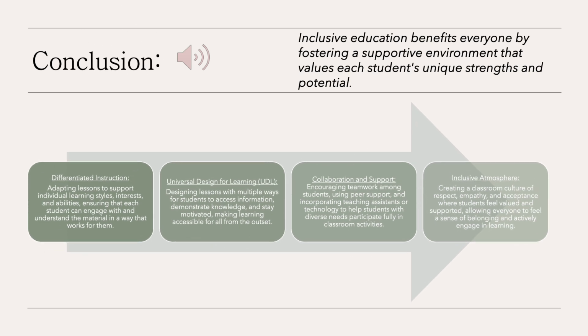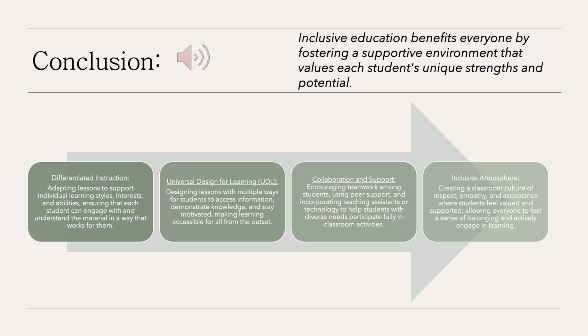To conclude, inclusive education is about more than accommodating individual needs. It's about creating a learning environment that supports and values every student. We discussed the importance of differentiated instruction, which allows each student to learn in a way that suits them best. Universal design for learning ensures that our lessons are flexible and accessible from the start, benefiting all learners.